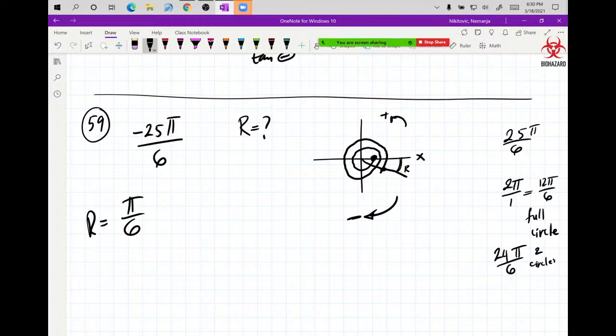You can always do that because you know that 2 pi is the full circle, and you just need to take away the 2 pi. And you're in Q4, which means cosine is positive, sine is negative, tangent is negative.